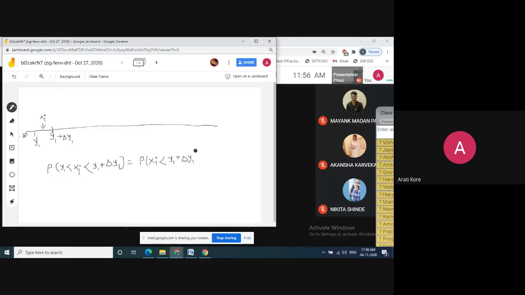minus probability of xi less than y1. Okay, try to understand it.